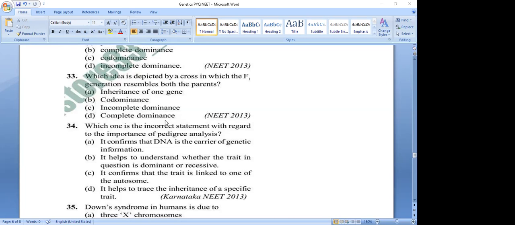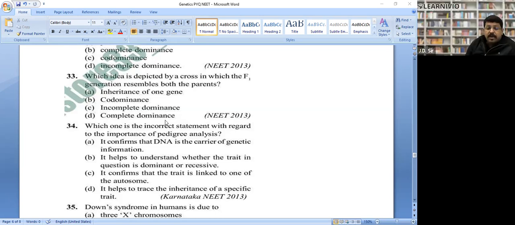Codominant. No, no, no. Look, read the question again. The F1 generation resembles both of the parents, right? Codominance, so B will be the answer.